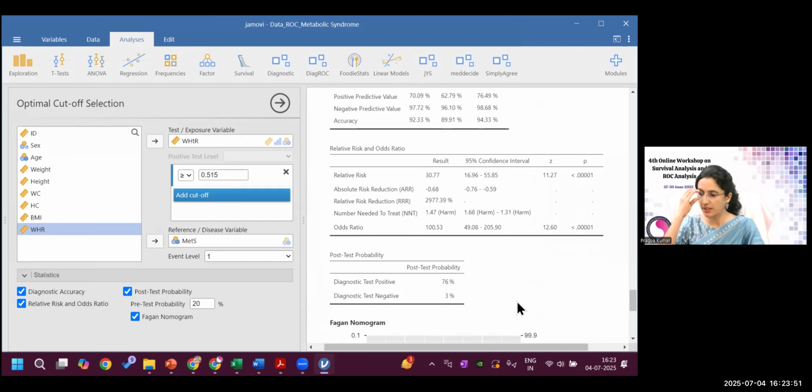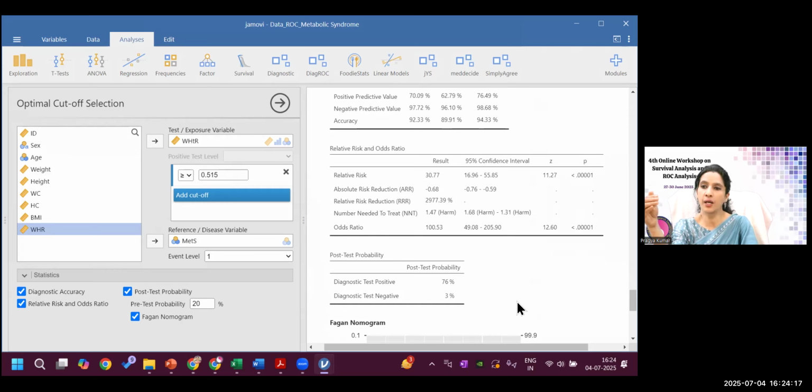Generally false negative, then again we'll go to that. It is a post-test probability. So how we say that: if you order a test and the test result has come up negative, if you see 100 people and the test result has come up negative, then the post-test probability is 3%.